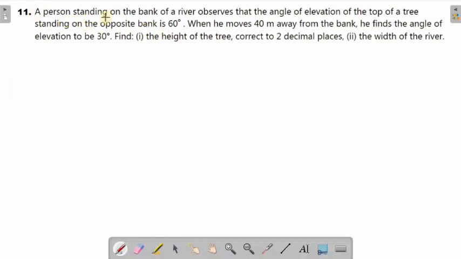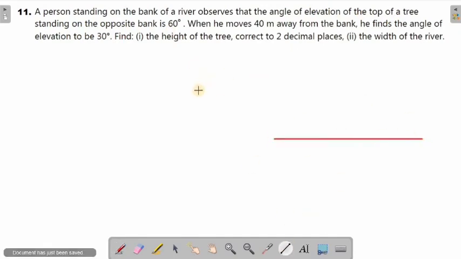A person standing on the bank of a river observes that the angle of elevation of the top of the tree standing on the opposite bank is 60 degrees. First and foremost, let me draw a horizontal line.